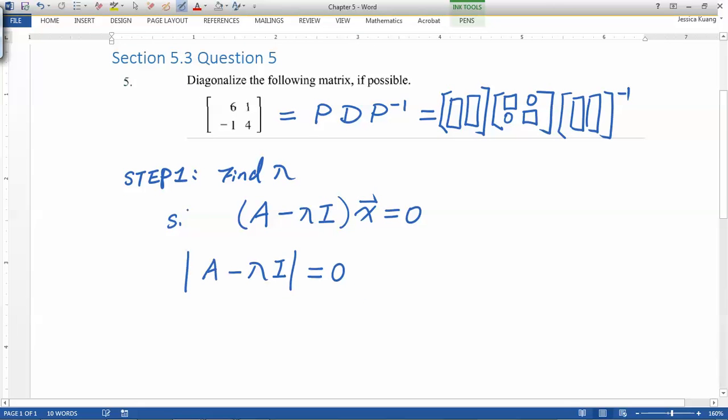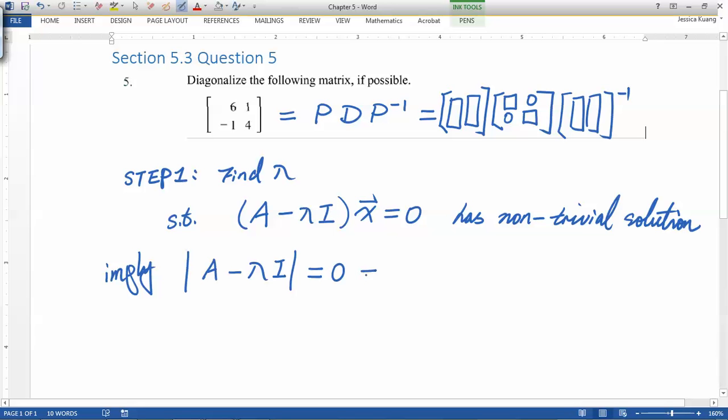So let me fill in the gaps such that this has a non-trivial solution, which implies the determinant of A minus lambda I must be 0.